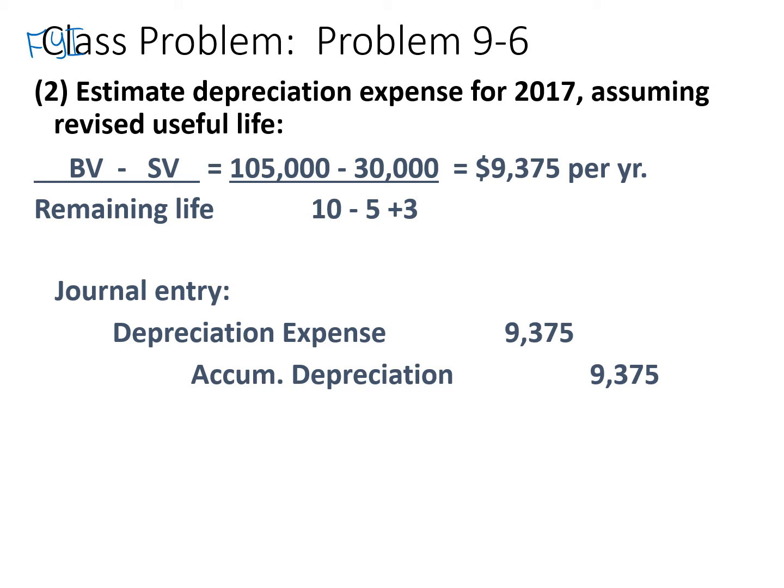So we have another 8 years to go. Doing the math, we find that our new depreciation expense for 2017 and the next 8 years thereafter is $9,375. And so my debit entry in 2017 will be for $9,375.